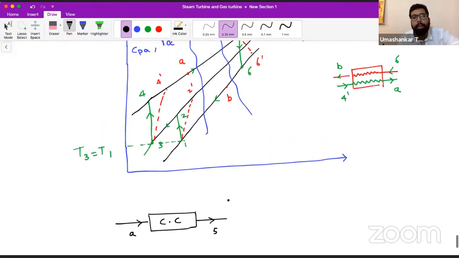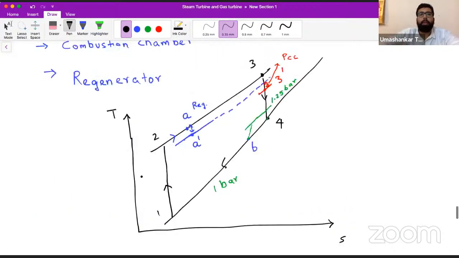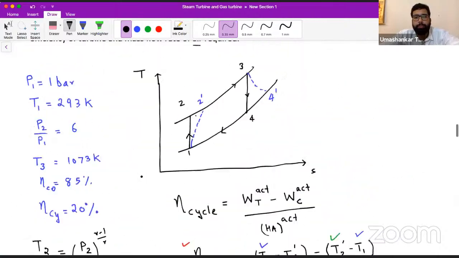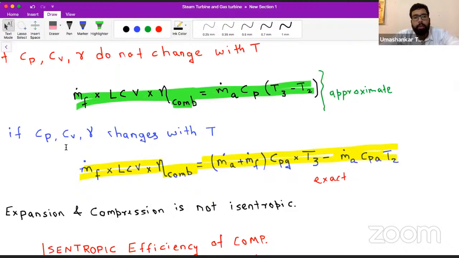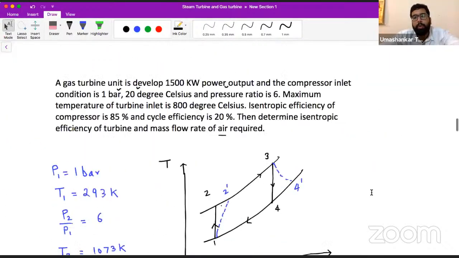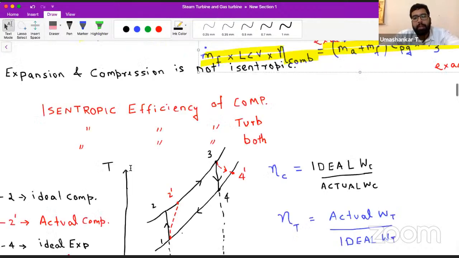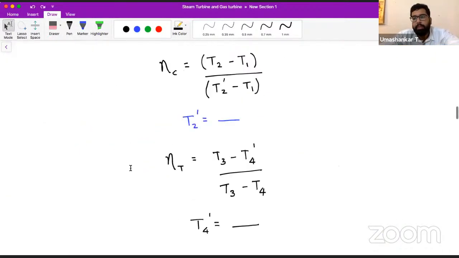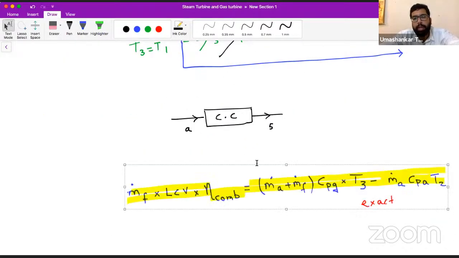Now tell me which equation we must use, the exact one or the approximate one. We have seen it today, no? This yellow ink equation we must use, or the green ink equation? We must use the exact solution, because as I have told you, whenever the changes of CP, CV, gamma are given to you, you must use your exact solution.